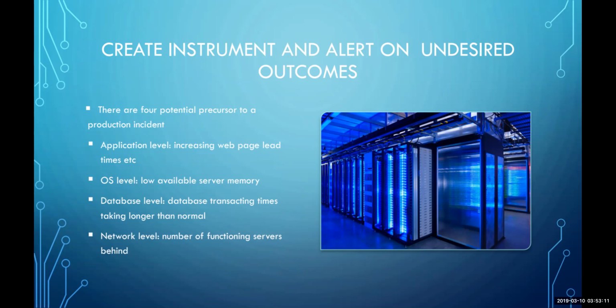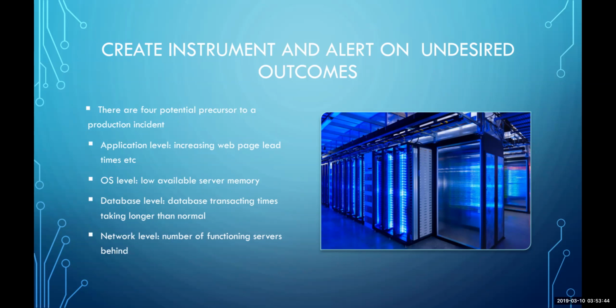The application level shows increased web page load time, and the OS level shows free memory running low and disk space running low. The database level is based on database transaction time taking longer than normal, and the network level is based on the number of functioning servers behind the load balancer dropping.